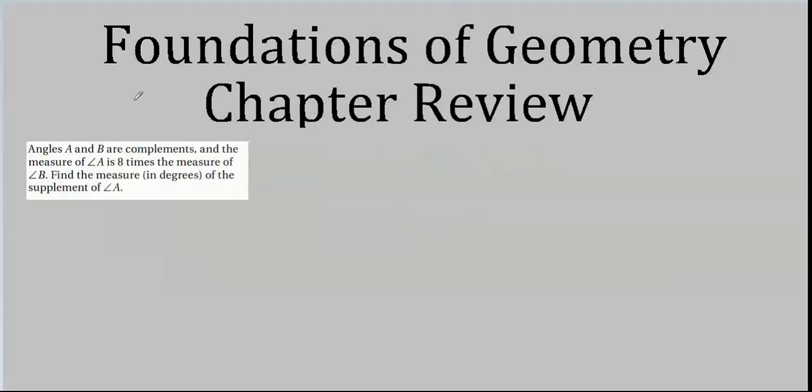And here we have another one that just involves interpreting what's being written here. A and B are complements. So, let's write alpha sub A and alpha sub B for angle A and angle B. I think it's easier than writing M and then the angle symbol, and then it just seems clumsy.